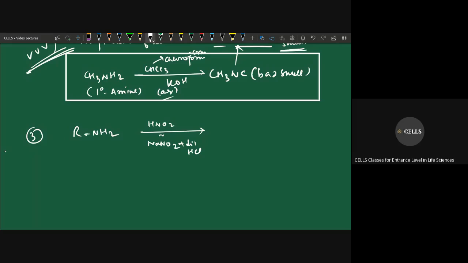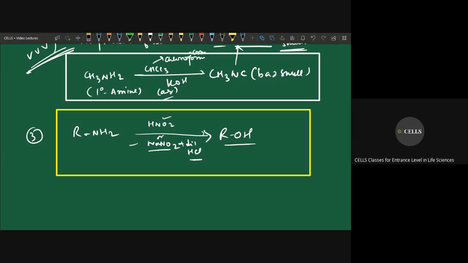This NaNO2 plus HCl actually gives HNO2, so they can give either of these. So you will get ROH. This is also an important reaction you have to remember.